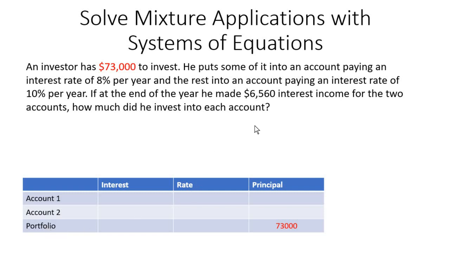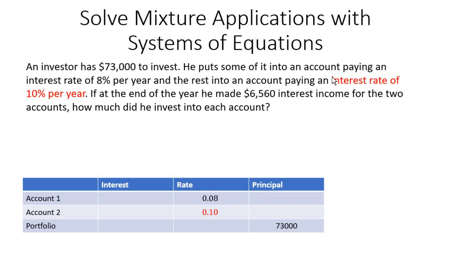Then I see that the one account is paying 8% per year. So I'll let the first account be 0.08 for the interest rate. And I see that the second account is paying 10% per year. So I'll let 0.10 be the interest rate for the second account. Now, I don't need to know the interest rate for the whole portfolio because I've been given an actual interest amount.